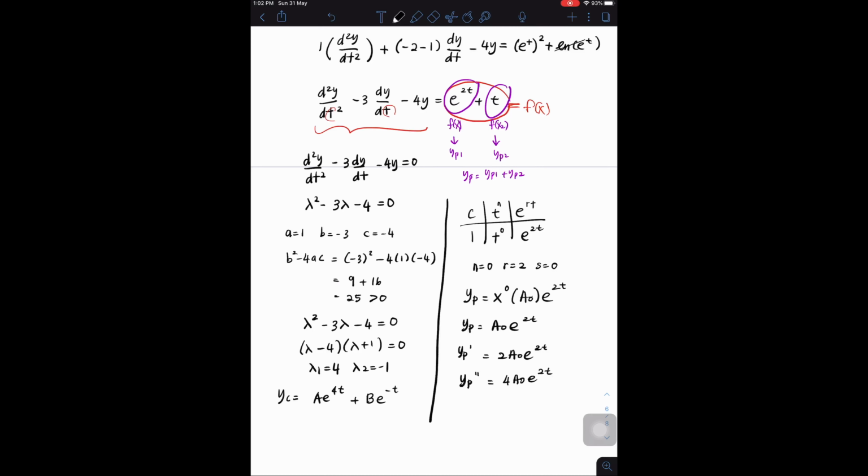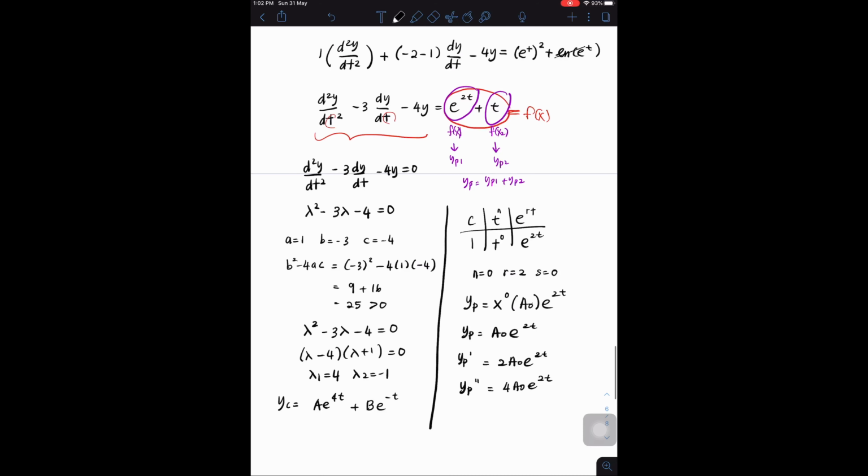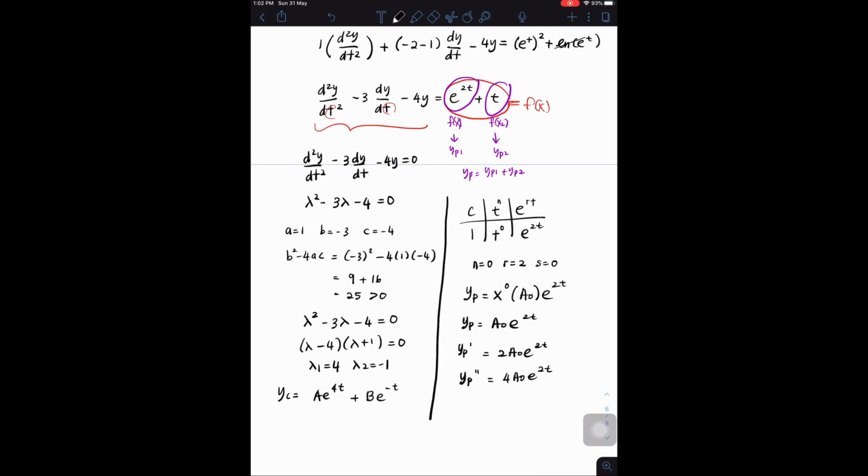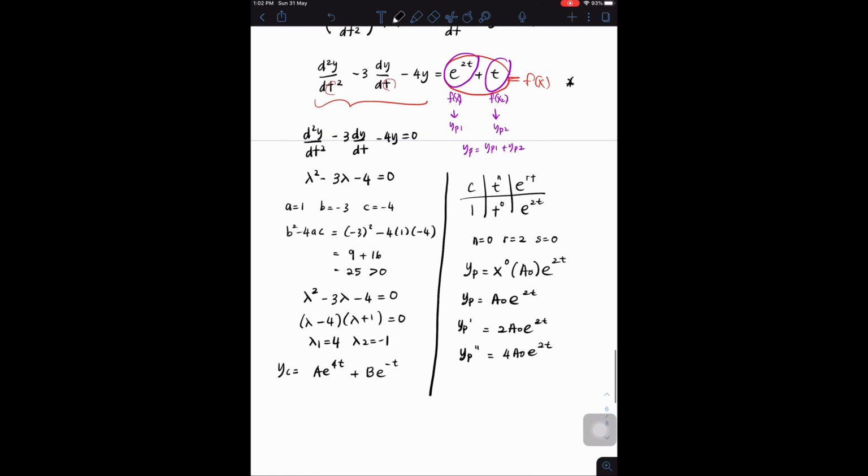Okay, so now that you already have your yp prime and yp double prime, you can substitute them into your differential equation to find the value of a naught. So we substitute into our differential equation here.